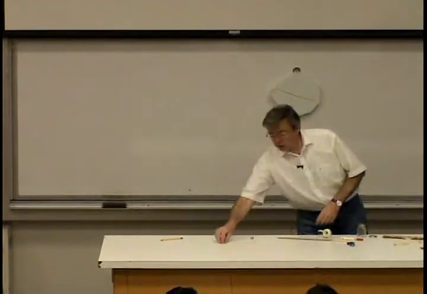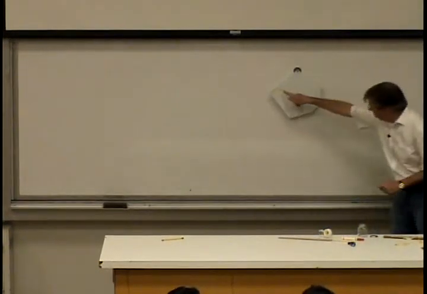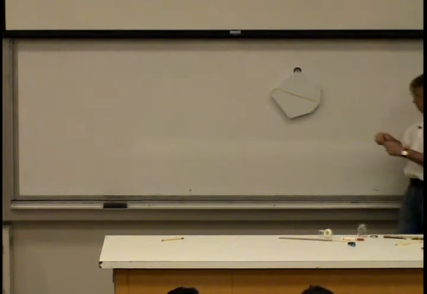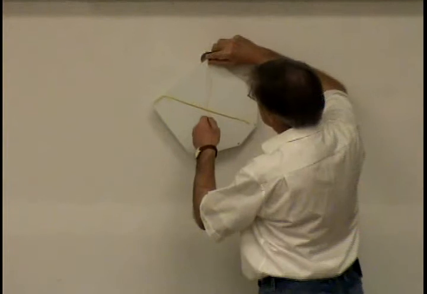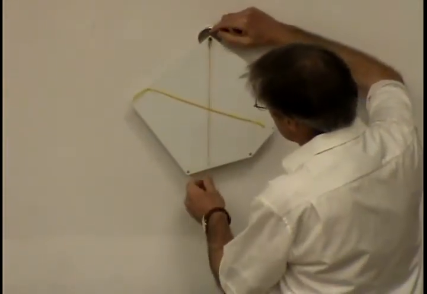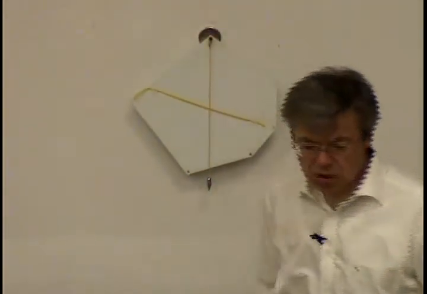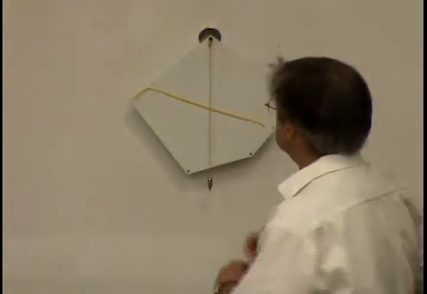So we know the center of mass is somewhere on this line. We've marked it already. Now with the new suspension point, it's somewhere along the new plumb line. So I'll mark the new plumb line.